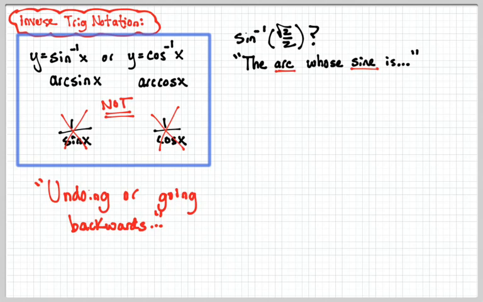The arc whose sine is rad 2 over 2. What does sine mean, x or y? Y values. Okay, so it helps you just to keep translating. And the arc is going to be that radian measure. So this is our theta. The theta whose y value is blank. Now let's draw the circle, and this will help us get at it.